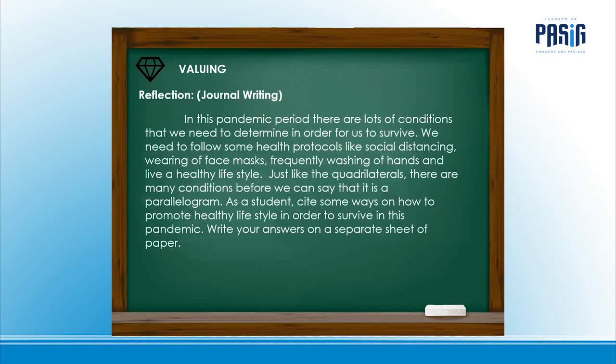Just like the quadrilaterals, there are many conditions before we can say that it is a parallelogram. As a student, cite some ways on how to promote a healthy lifestyle in order to survive in this pandemic. Write your answers on a separate sheet of paper.